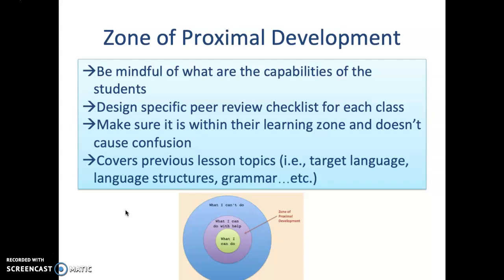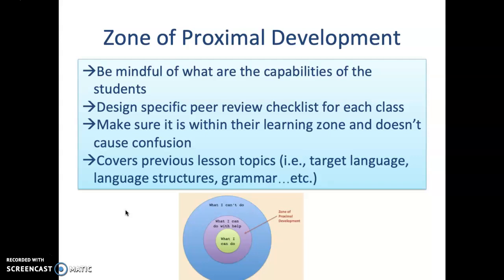It covers previous lesson topics, so it could be the target language structure, grammar. Could also be just overall topics that you're covering, to make sure that they understand the lexical knowledge and how to create an essay about that.